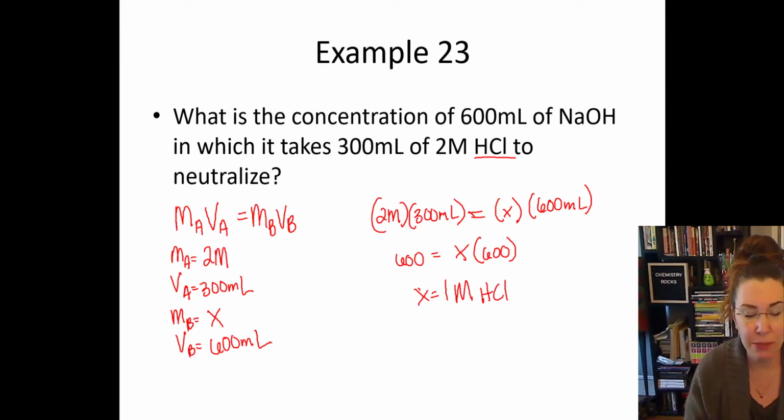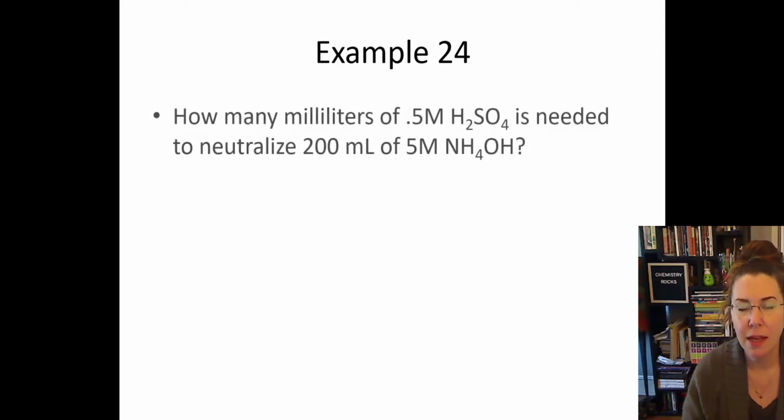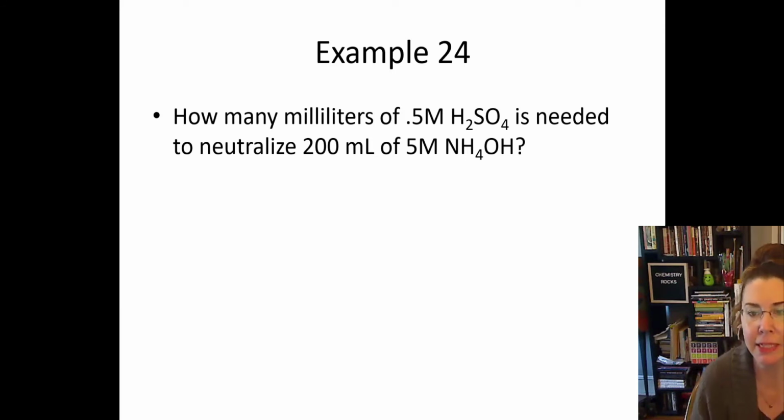Alrighty, so let's try another problem. How many milliliters of 0.5 molar sulfuric acid is needed to neutralize 200 milliliters of 5 molar ammonium hydroxide? All right, I'm going to give you a moment to try this one on your own.